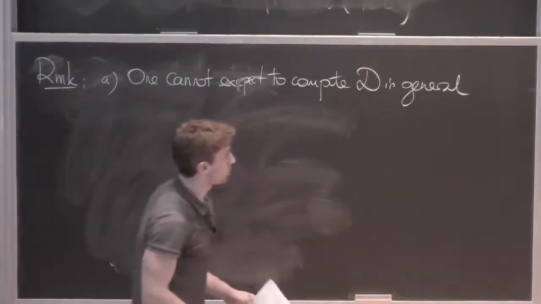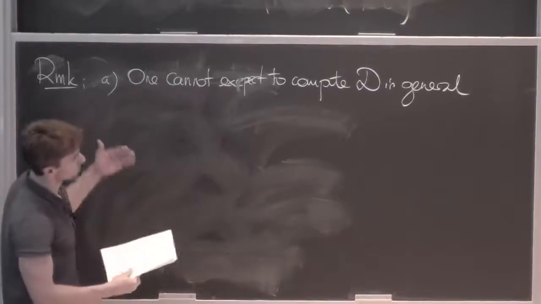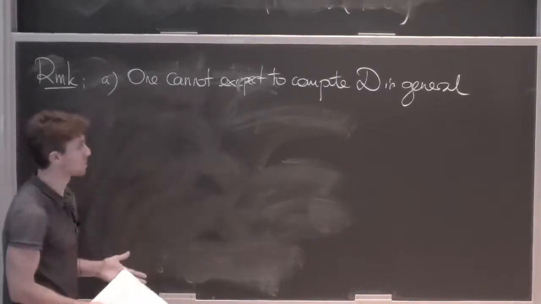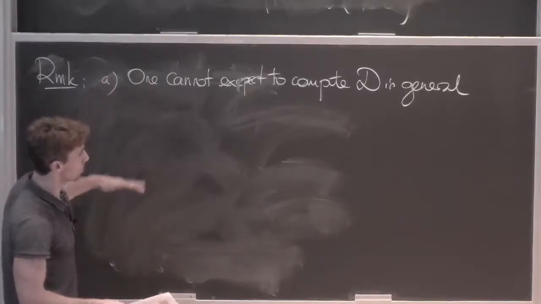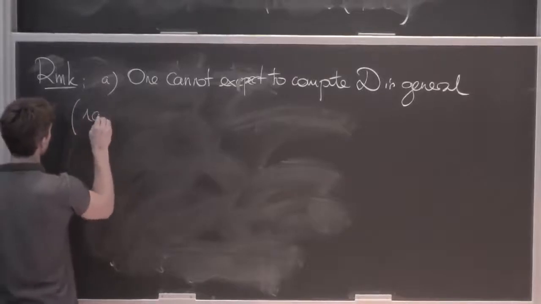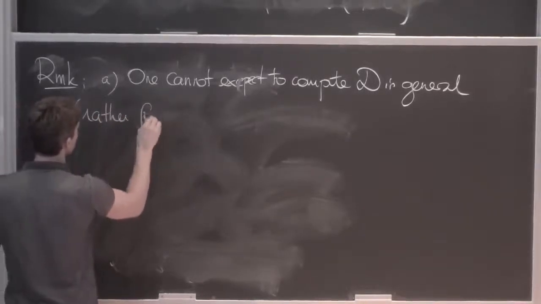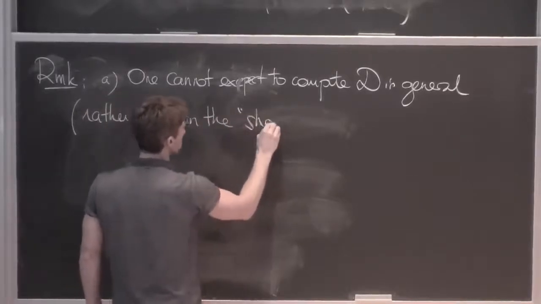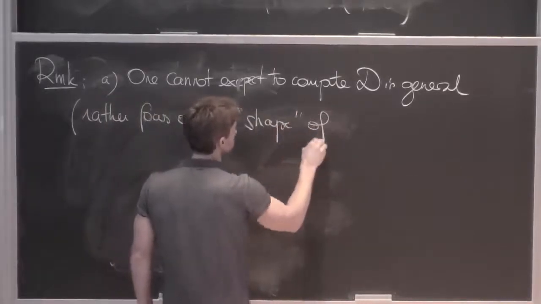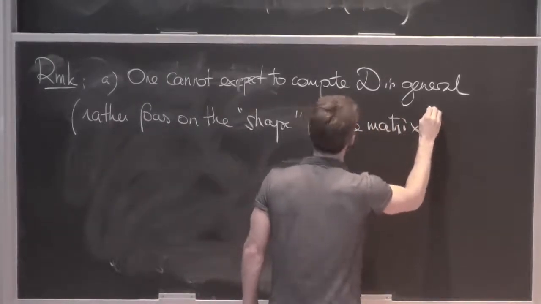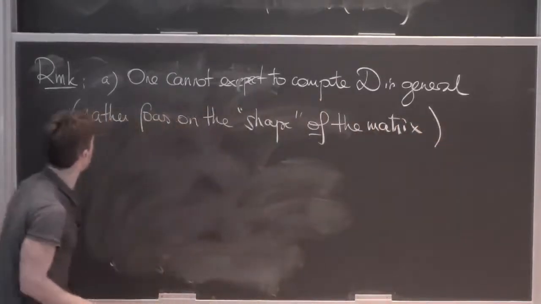But in the case of finite reductive groups, we'll do explicit computation on small rank, but also try to observe some general phenomenon for big groups, for the classical series, for example. So you should rather focus on the shape of the matrix.